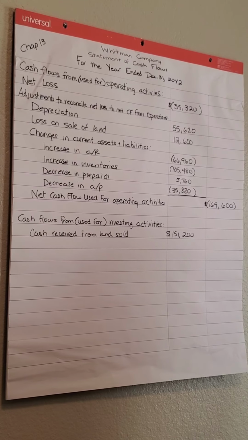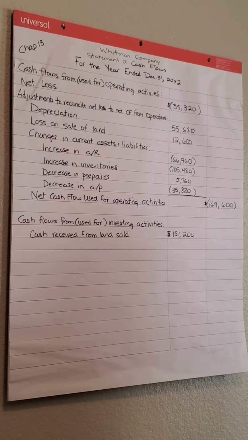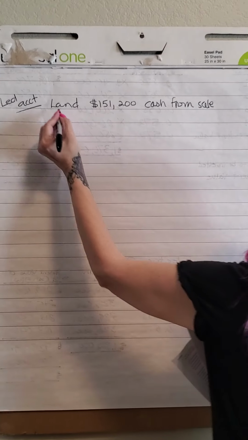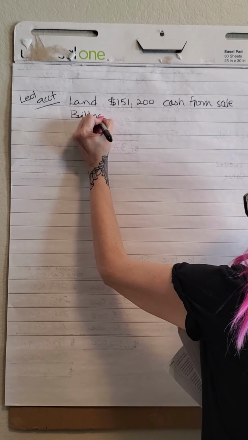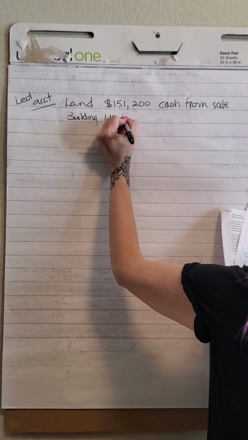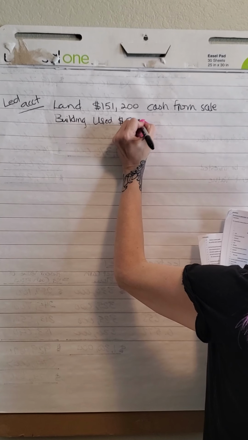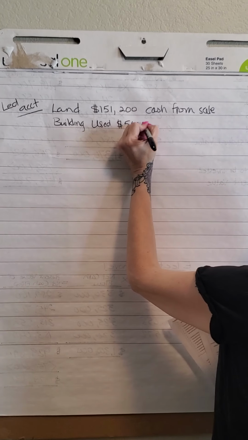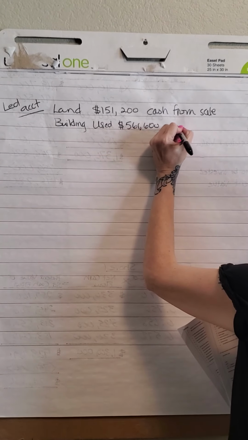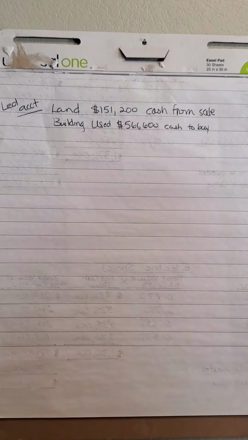And the next item we're going to look at is the building account. So if we go and look at the building account, on April 20th, it says they acquired the building for cash for $561,600. So building, used $561,600 cash to buy. So again, that's going to be an amount that we used.